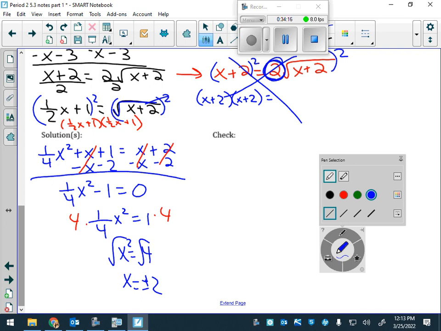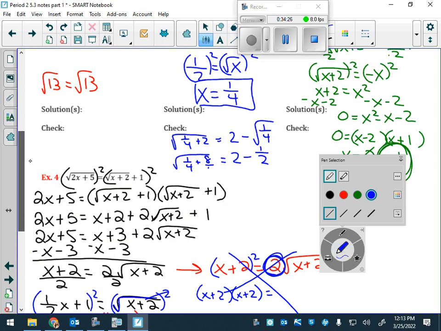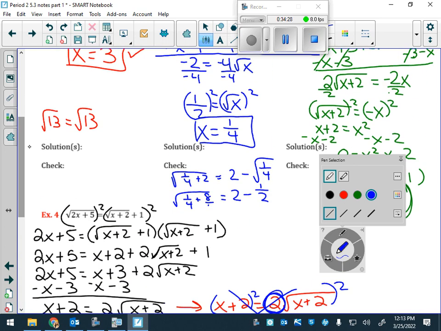Plus 1. So this was on the challenge side because there's a lot of things going on plus our fractions. But it is similar to what we did here, just because there was a fraction. So you're still trying to solve it algebraically the same way.